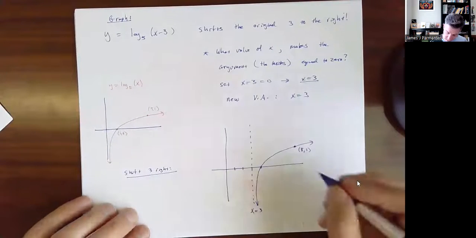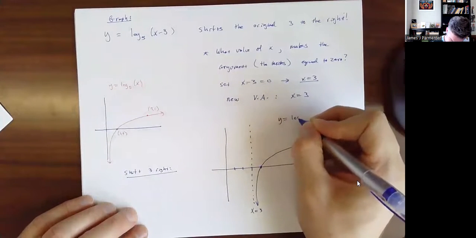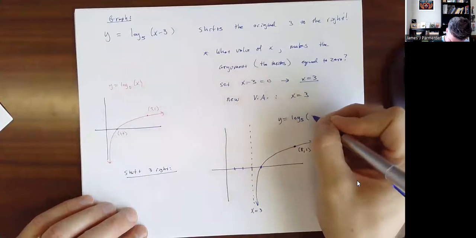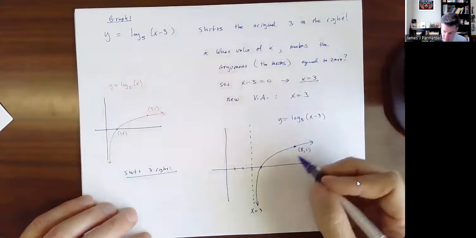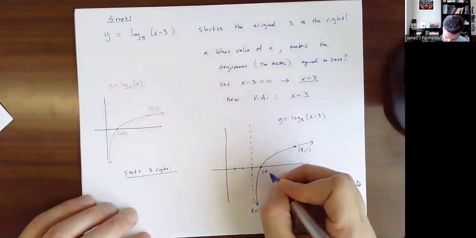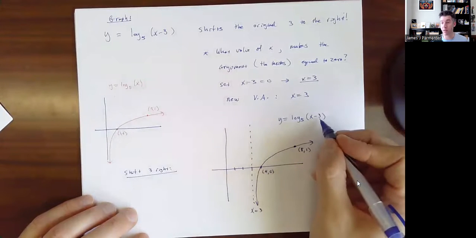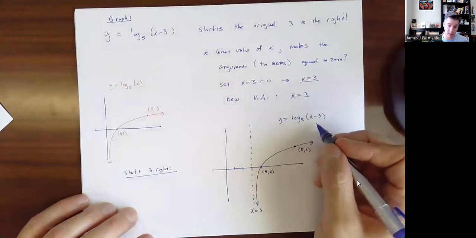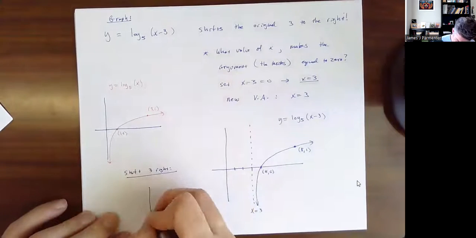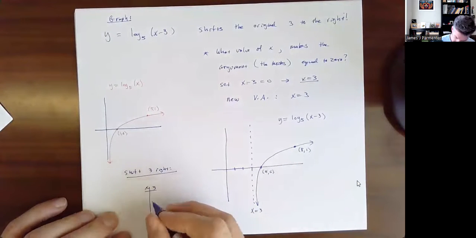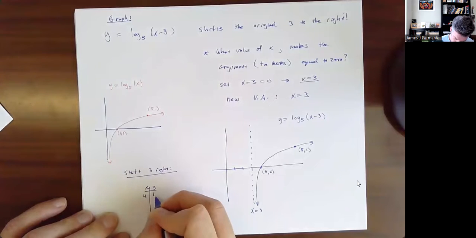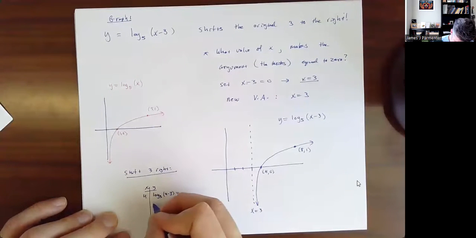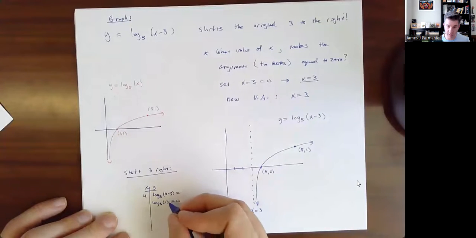Because if I plug in 8, I should write my graph name: log base 5 of x minus 3. In fact, let's write this down. X, Y. If I plug in 4, log base 5 of 4 minus 3 is log base 5 of 1, which is 0, because 5 to the 0 equals 1.